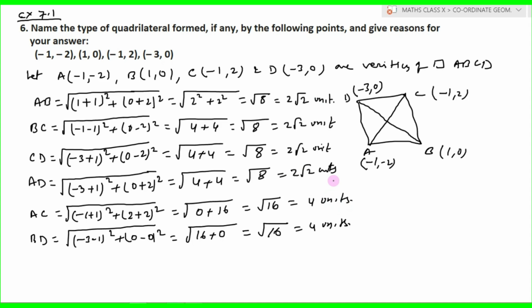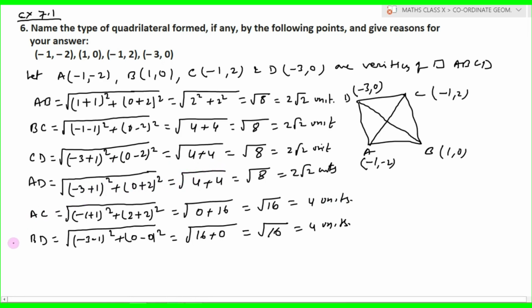So the property is: if a quadrilateral has all 4 sides equal and diagonals are also equal, then it is a square. And if all 4 sides are equal and diagonals are not equal, then it is a rhombus.